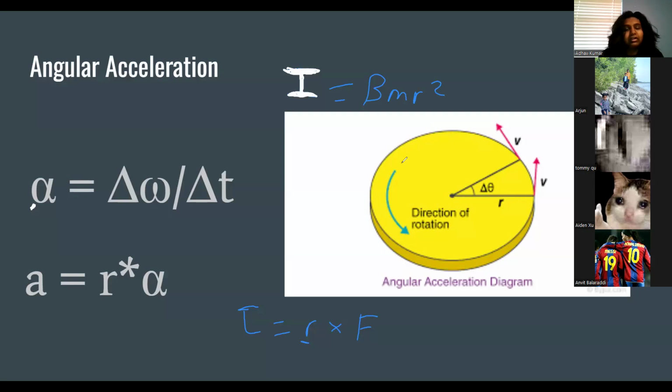Beta is just a constant that changes depending on the shape. For a ring without anything in the middle, it's one. For a disk, it's one half. So this number in front, beta, is not a Greek letter in the usual sense; it just changes depending on what shape is rotating. You don't need to know too much about it. From this, you can see that the units would be kilogram meter squared, right? Mass is kilograms, R is radius in meters squared.